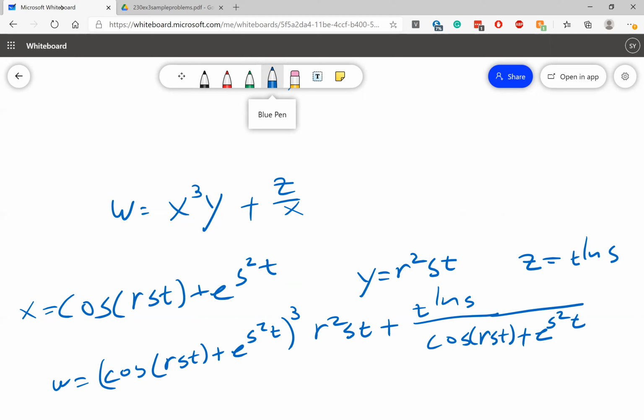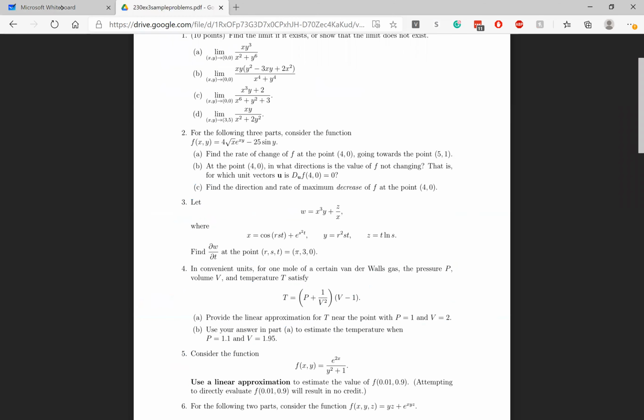Just plugging everything in. And they ask us to find the partial of w with respect to t.